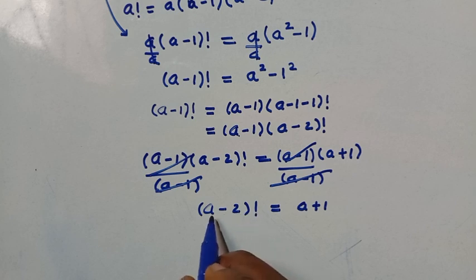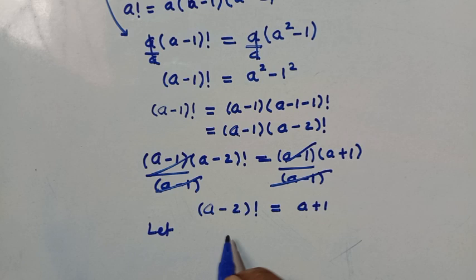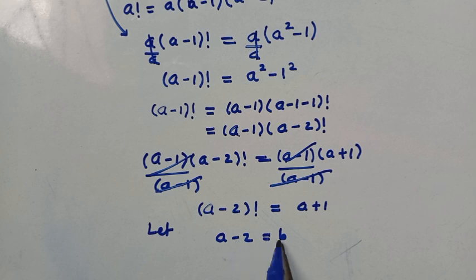Looking at this left hand side, (a minus 2) factorial, suppose we let a minus 2 equal b. By making a the subject of the formula, we have a equals b plus 2.